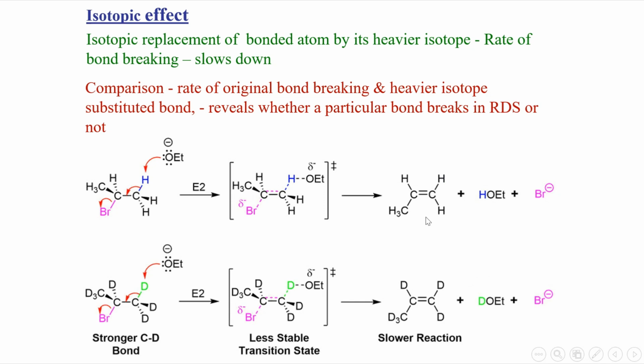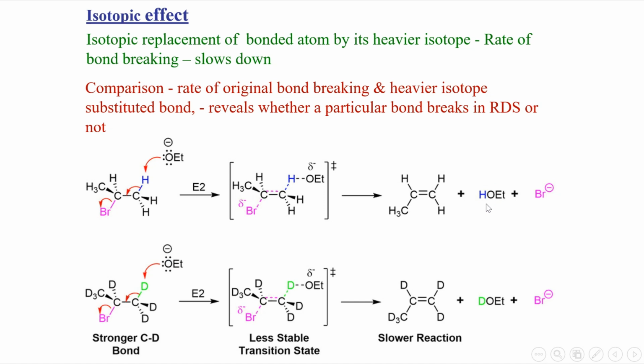Here, if I replace hydrogen by deuterium, it's a heavier isotope. In the first step, what is proposed is that proton abstraction takes place. If that is the rate determining step, then if I replace it by deuterium, abstraction of deuterium takes more time.